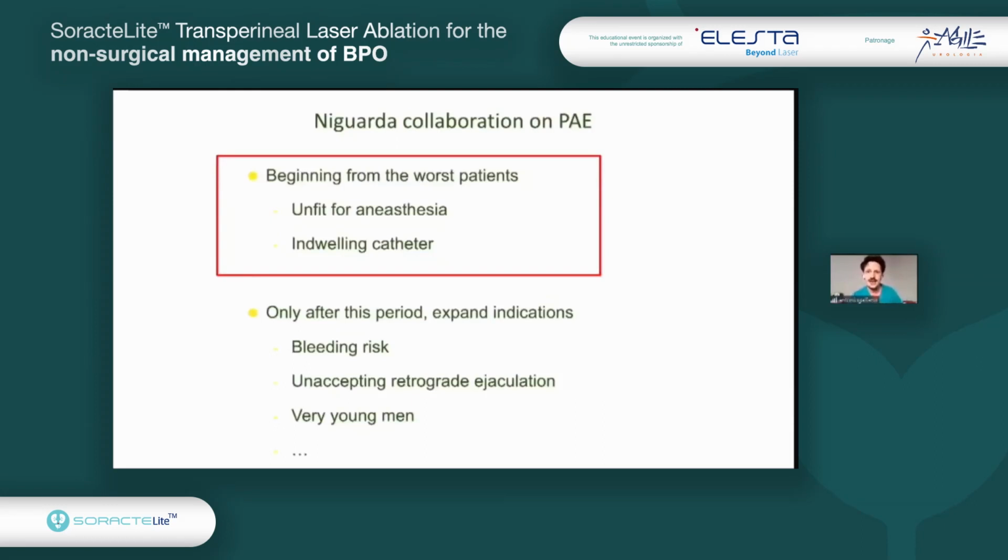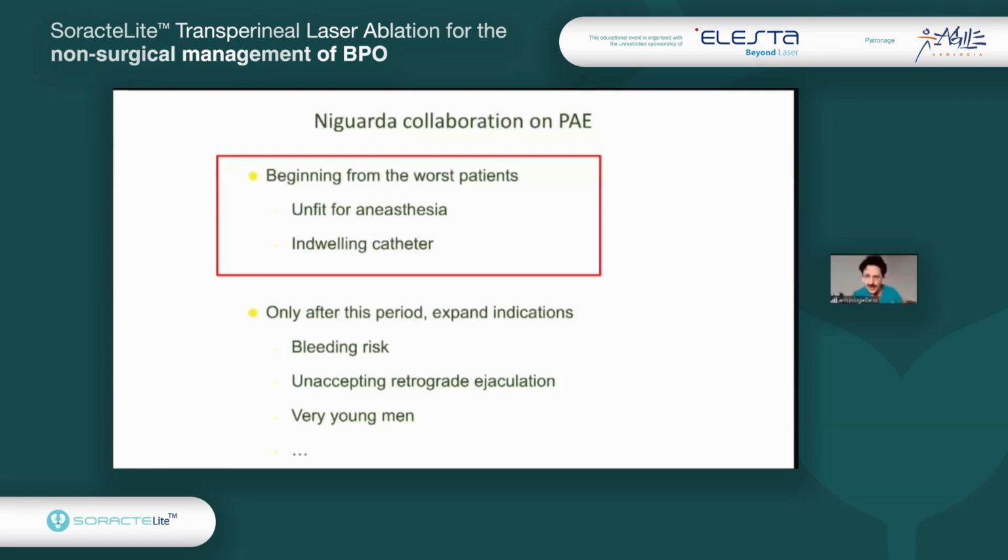So, the 90-year-old patients with 2 strokes that cannot go outside home because they have a catheter. Okay, the classical patient that your anesthesiologist will tell you, you are crazy. The patient will die in a few years with this catheter.